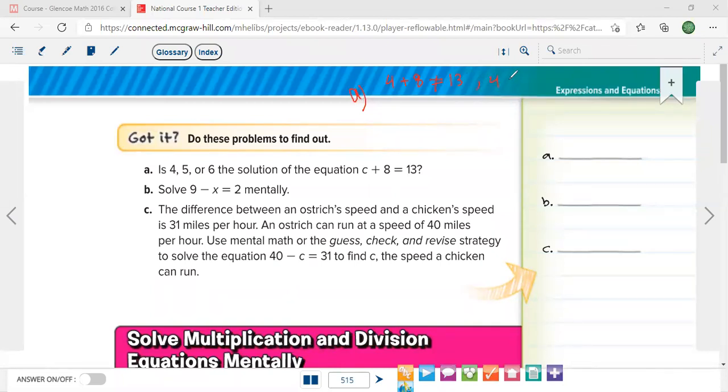So 4 is not a solution. Let's try the 5. 5 plus 8 really equals 13. 5 is a solution. 6 plus 8 is not equal to 13. 6 is not a solution.